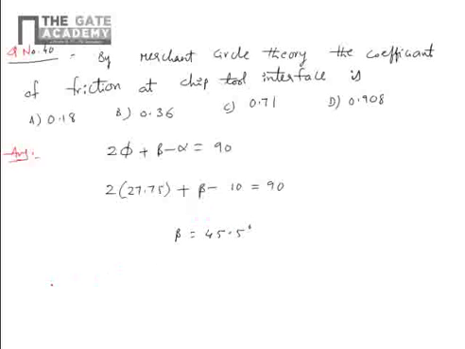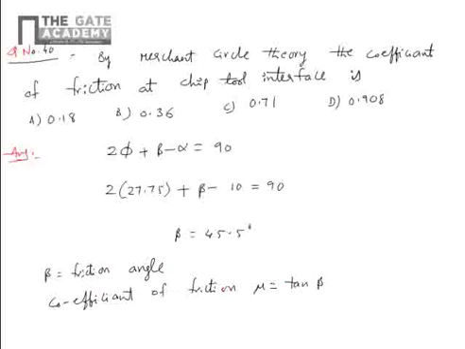The coefficient of friction mu equal to tan beta, that is tan 45.5, which is equal to 0.98.